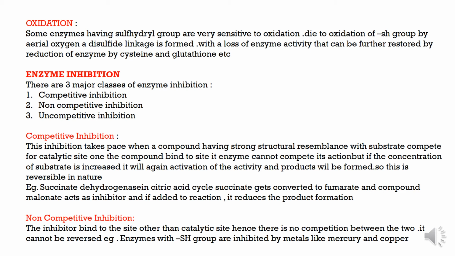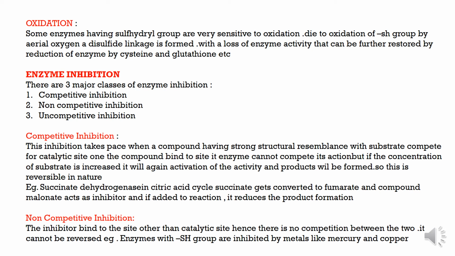The inhibition takes place when a compound having strong structural resemblance to the substrate competes for the catalytic site. When the inhibitor binds to the site, the enzyme cannot complete its action, but if the concentration of substrate is increased, it will again activate the enzyme and product will be formed. So this is reversible in nature.